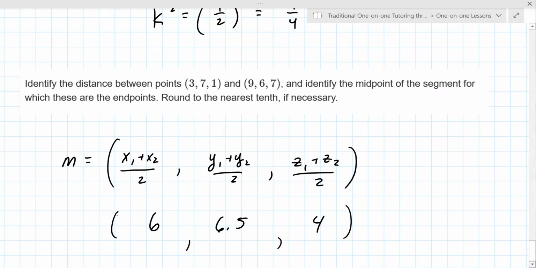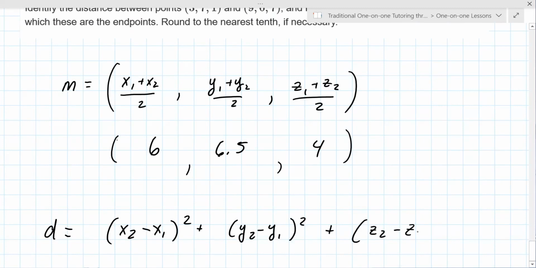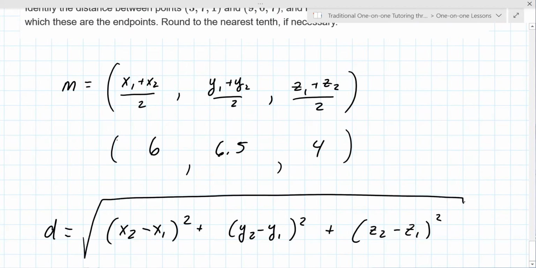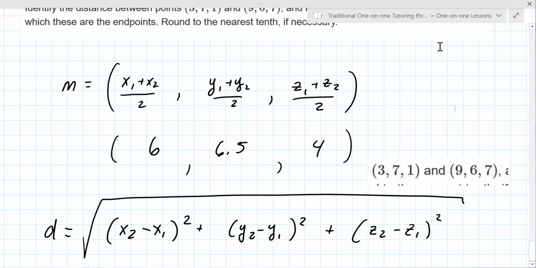Okay, very good. Now the distance is a little bit harder. You have to take x2 and subtract x1, square it, plus y2 minus y1 squared, plus z2 minus z1 squared, and then take the square root. Let me know if you need to scroll up here. Actually, let me just snip in the points again in case you need them. But this is rounded to 1 decimal place. So there's your points. I just want the final answer on that, please. Definitely need a calculator for that one.